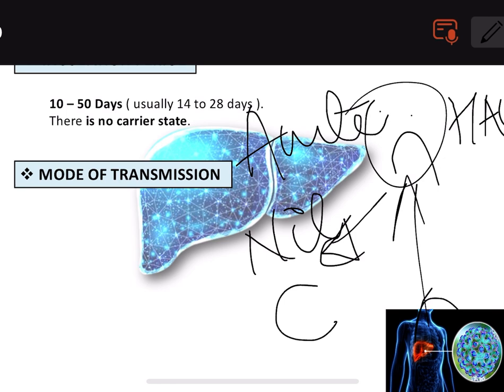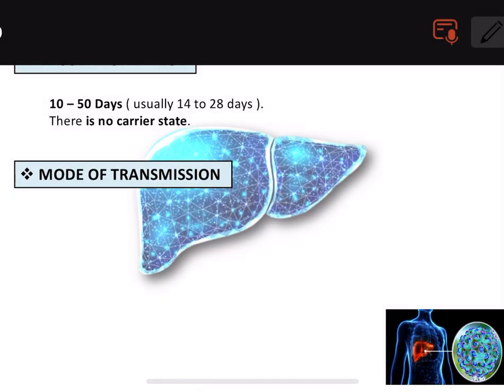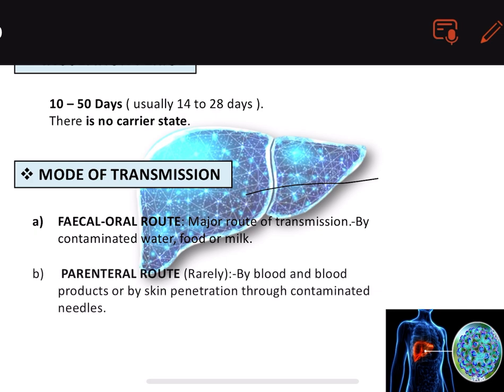Moving further to the mode of transmission, we know the fecal-oral route is the mode of transmission. Let us see what details are given here. The major route of transmission is by contaminated water, food, or contaminated milk.